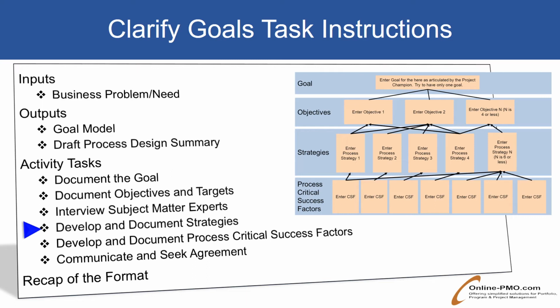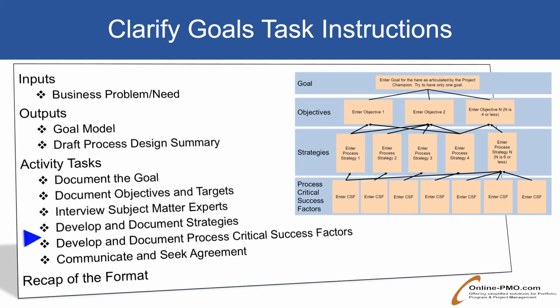Although the strategies are an element of the goal model, they could be developed through discussions with the champion, subject matter experts, as problem analysis or to-be brainstorming. Since the goal model reflects an agreement between the champion and the project team concerning project direction, it should be reviewed with the champion anytime a new element is added or changed.